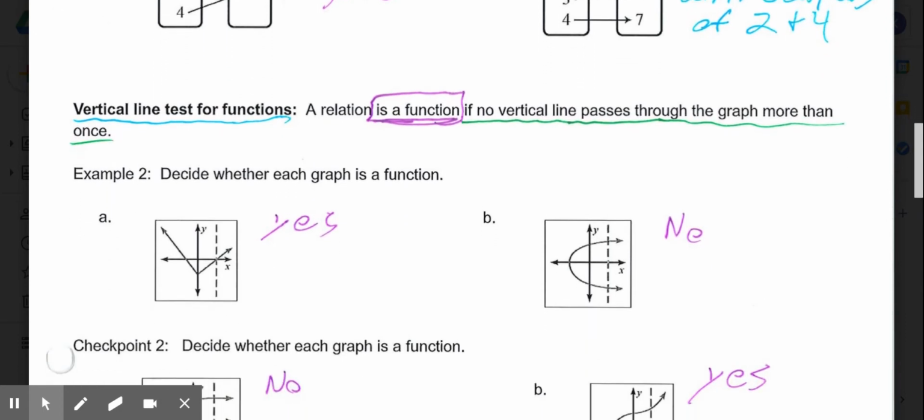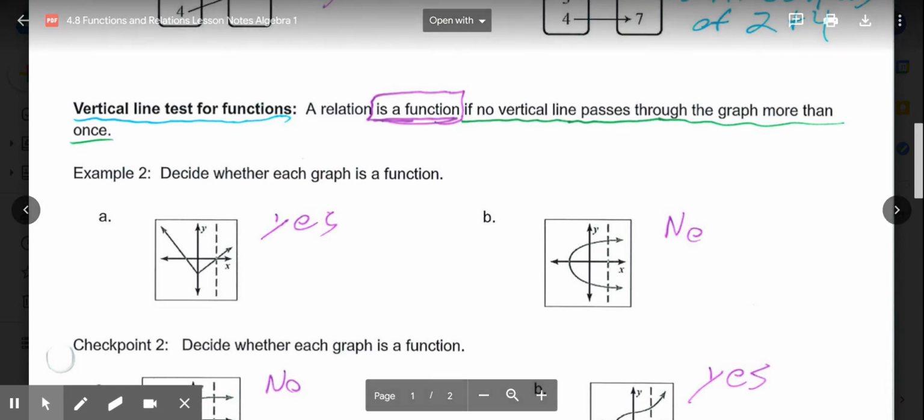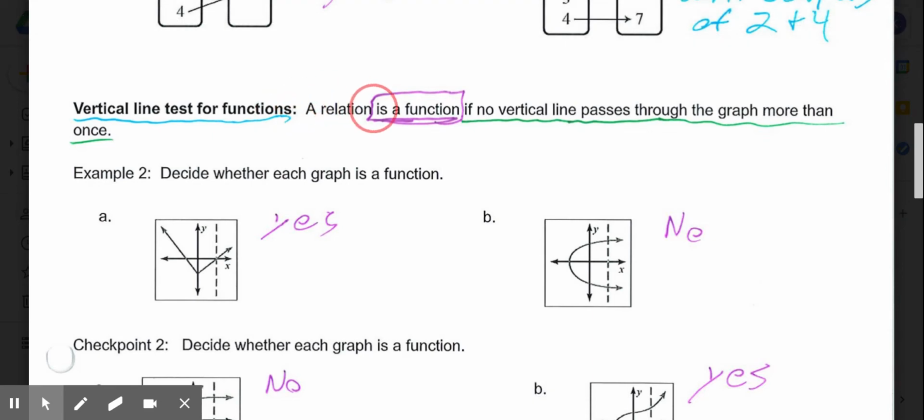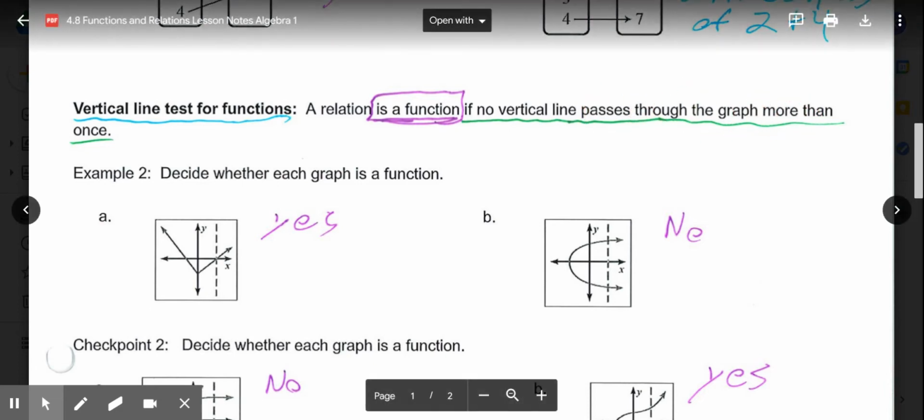Now, if we're looking at a function that is already graphed, there's an easy way to tell if that is a function or not. And that is the vertical line test. So if we're looking at a relation that's graphed, we can tell if it is a function, and that way is if no vertical line passes through the graph more than once.